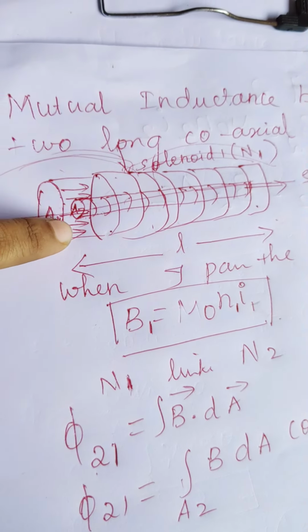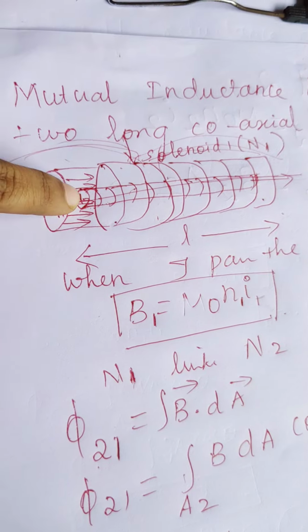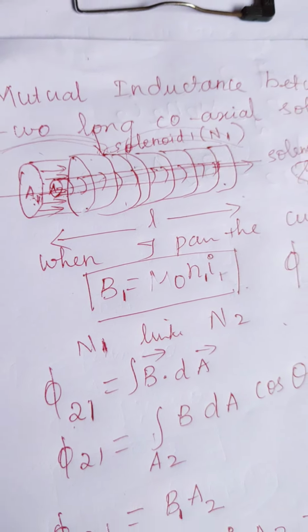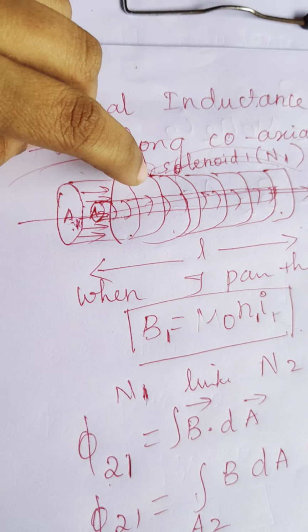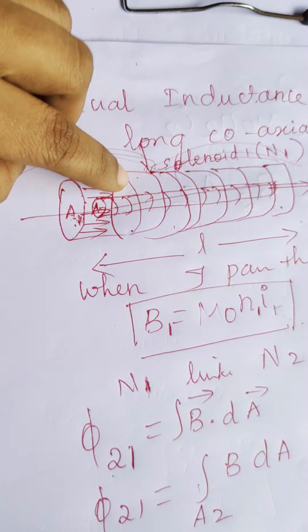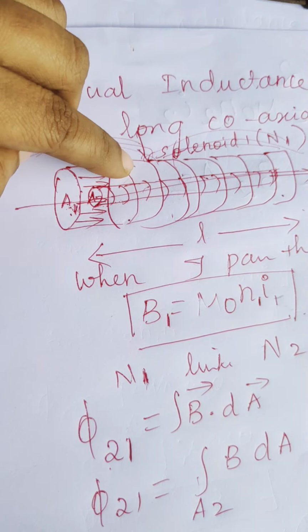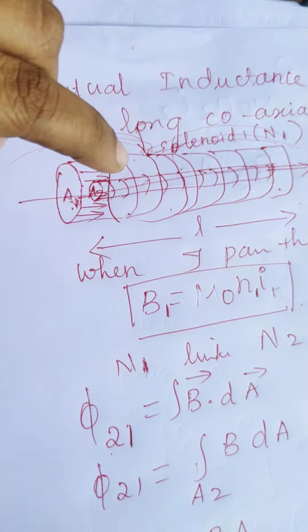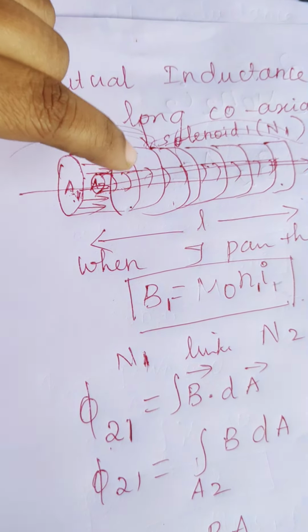But when I look at the second solenoid, here also I will have magnetic field lines outside, which means in the first solenoid. In that case, I will not consider the first solenoid's magnetic field line. When I compare these two solenoids, only inside area 2 will I have the uniform magnetic field lines.